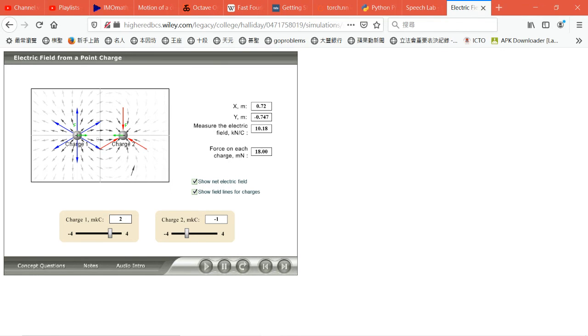Actually, this is plus Q, this is negative Q, it should be somehow like this.